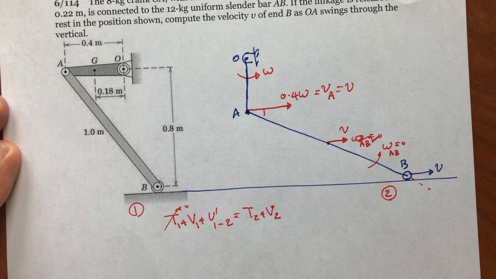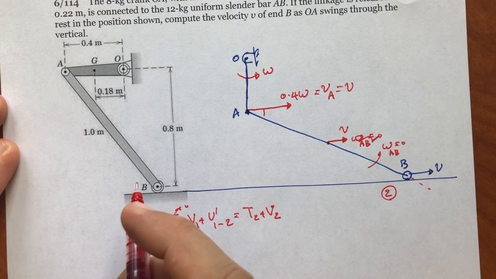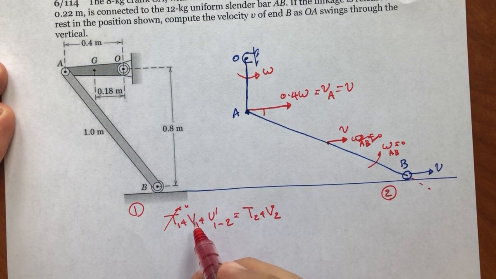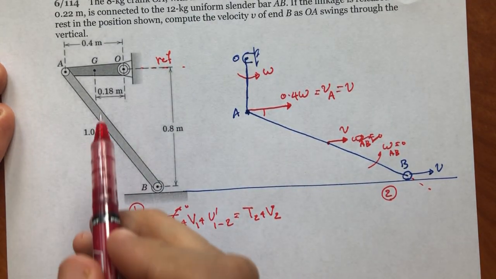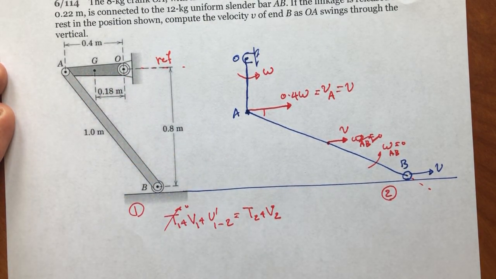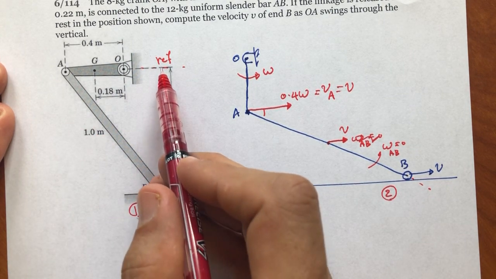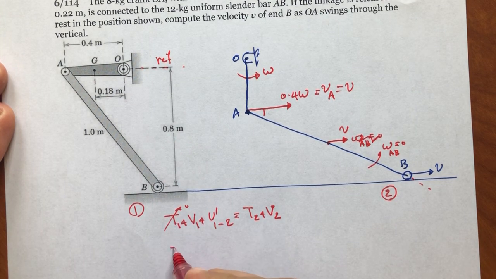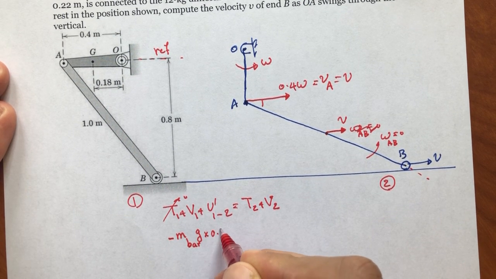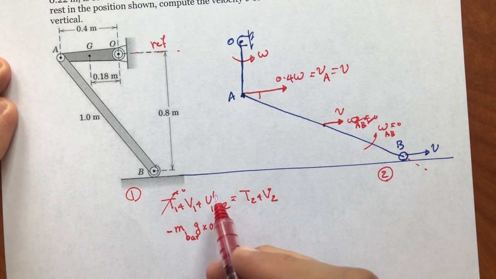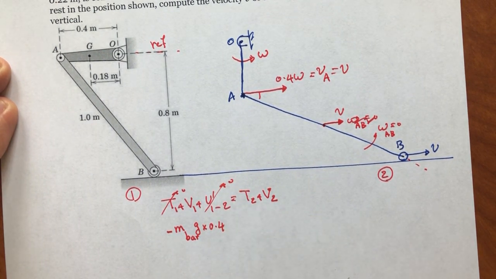If I put my reference line here, then potential energy of the crank is going to be 0, and potential energy of the bar is going to be negative mass of the bar times g times 0.4 meter. U prime from 1 to 2 is 0. We don't have any nonconservative force doing work.